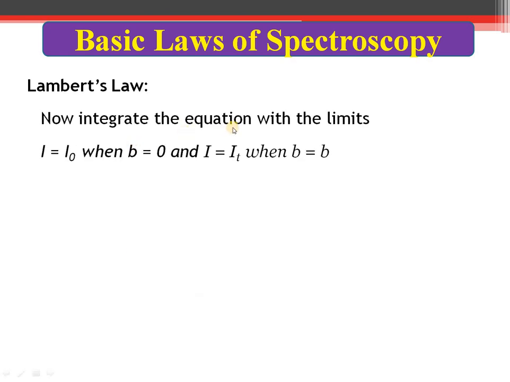Integrating the equation within the limits, when I equals I0, B equals 0, and when I equals IT, B equals B. By solving this integration we get the formula ln of I0 upon IT equals k into B. That can also be written as IT equals I0 e raised to minus kB.